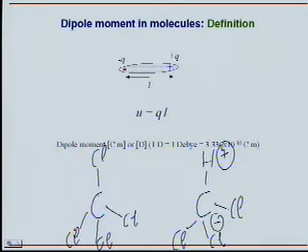And if you want to describe this mathematically, you then define dipole moment, which is equal to the charge times the length between the two charges. Now, why do we have 2 charges here and 1 charge here?